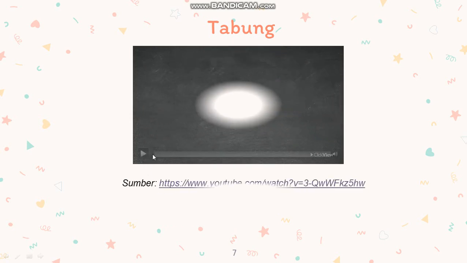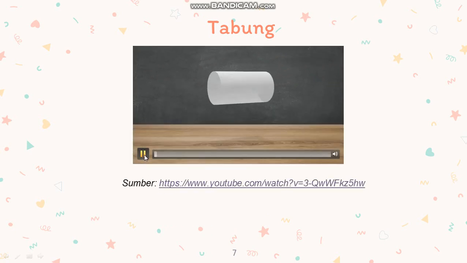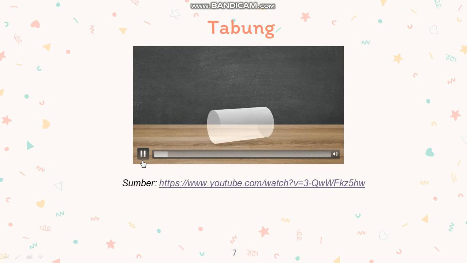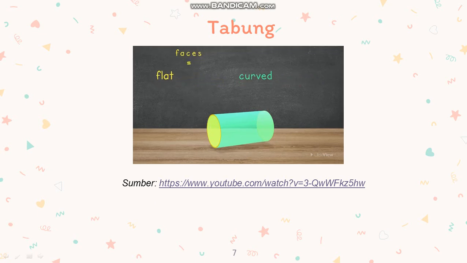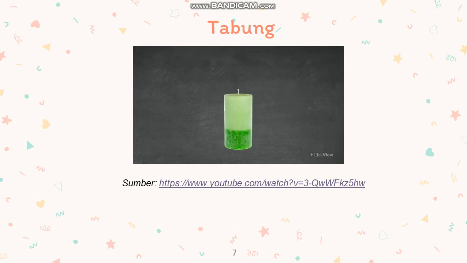Berikutnya adalah tabung. However, some 3D shapes have more than just flat surfaces. Some have curved surfaces. But we don't call them faces because faces are always flat. This shape is called a cylinder.